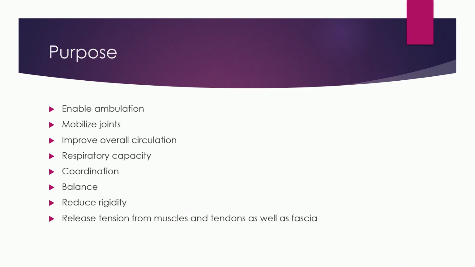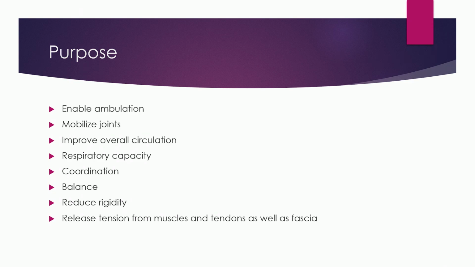So, the purpose of these exercises, like I said before, the main purposes we want to help the patient accomplish are to enable ambulation. We want to make sure the patient is able to walk by themselves eventually, depending, of course, on the injury. This is in order for them to be able to perform daily tasks and go back to living the life they had before the injury.